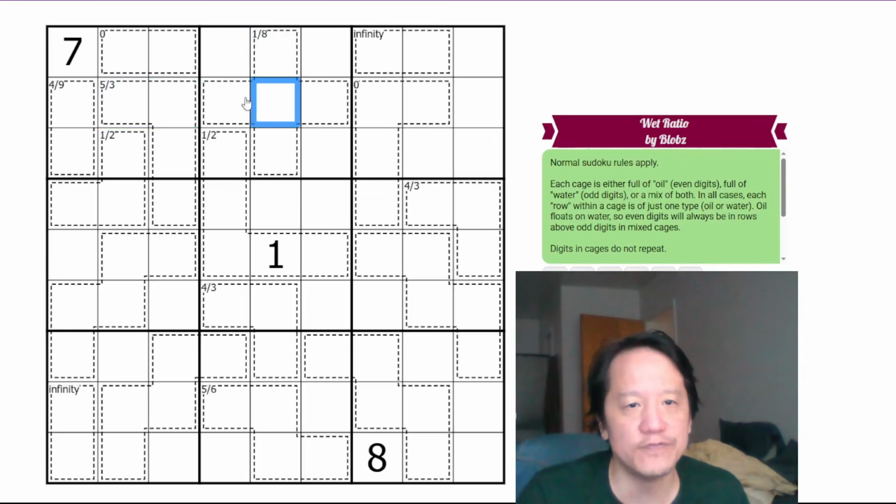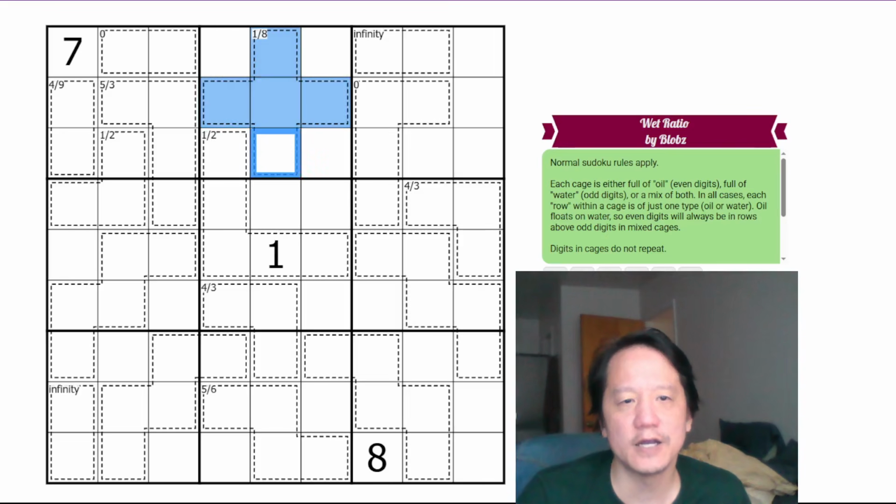For example, if this were a mixed shading, you could have all even digits here and then this be an odd digit. Or you could have all odd digits here, then that being an even digit. What you could not have is something like that, where you have 2 even digits and 3 odd digits.